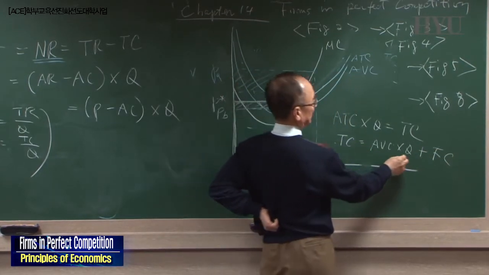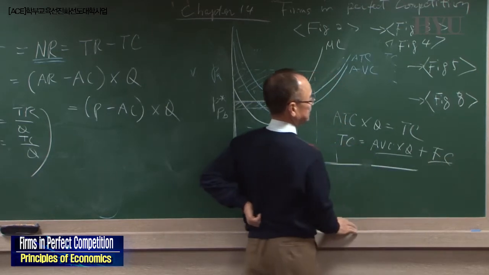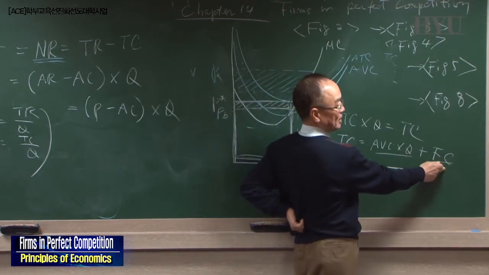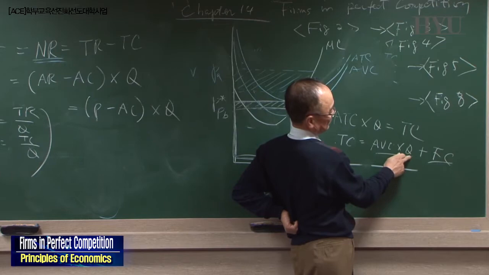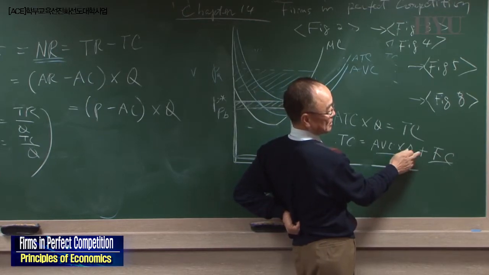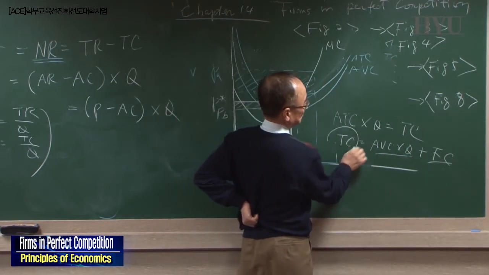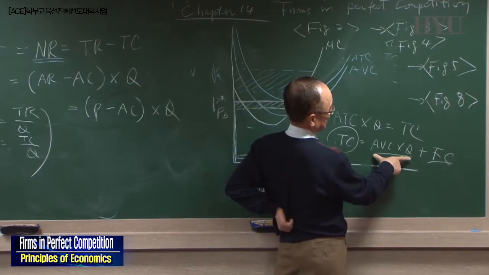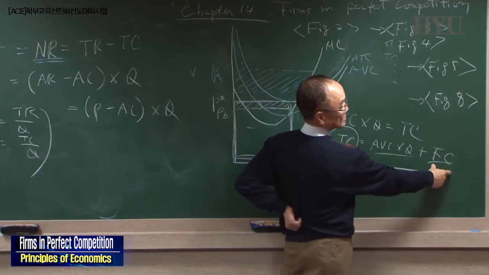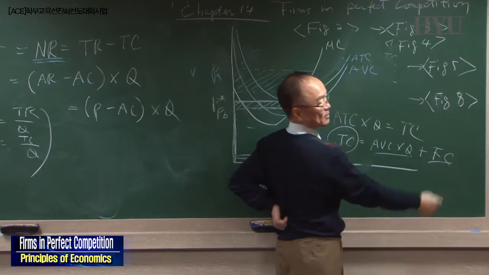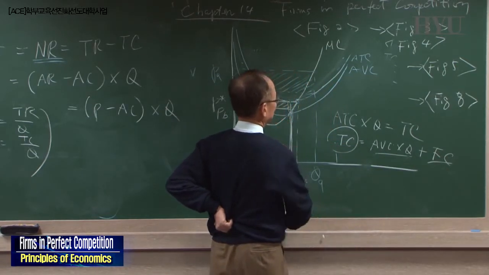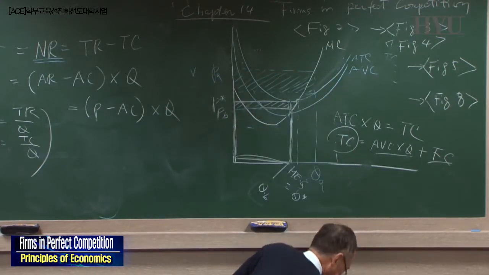The difference between this item and this item: we have to pay fixed cost anyway, but the variable part is proportional to production quantity. One more time. Total cost consists of total variable cost plus fixed cost, right? Fixed cost, we have to pay this anyway.